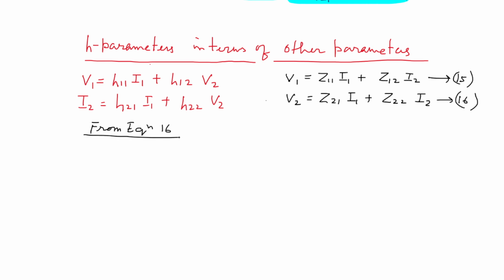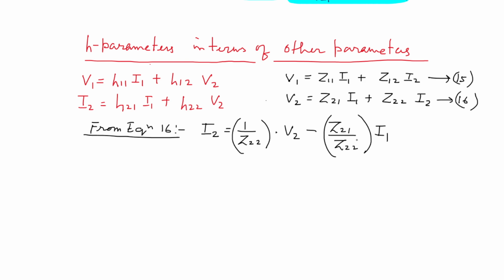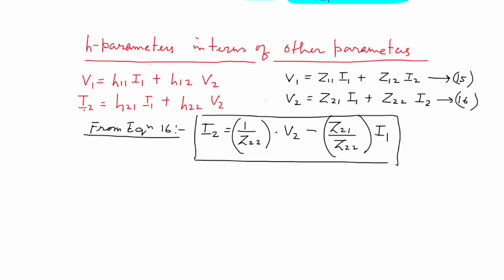From equation 16 we get I2 is equal to 1 by Z22 into V2 minus Z21 divided by Z22 into I1. So if you now compare, see, I2 is equal to H21 I1, so this must be H21, and H22 V2, so this must be H22.